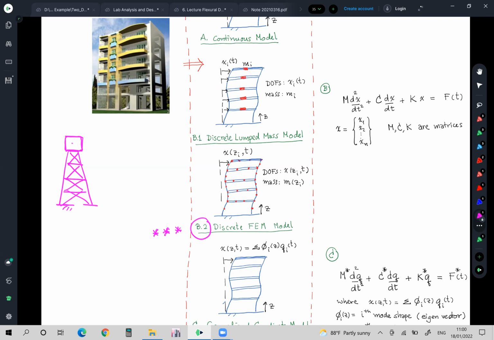It should be nothing wrong with that. Even though we know that we input the force, we input the earthquake to that structure accurately, it should be nothing wrong or incorrect.